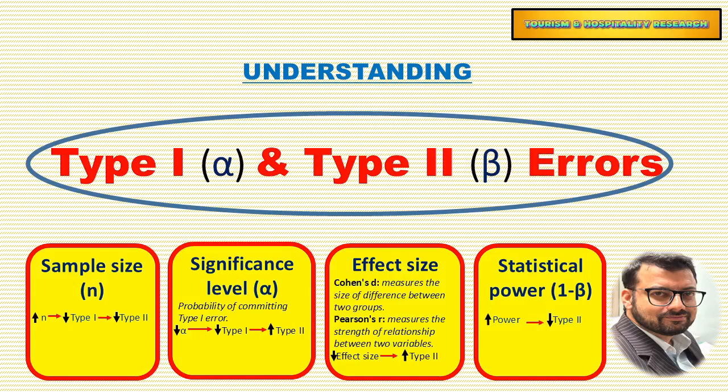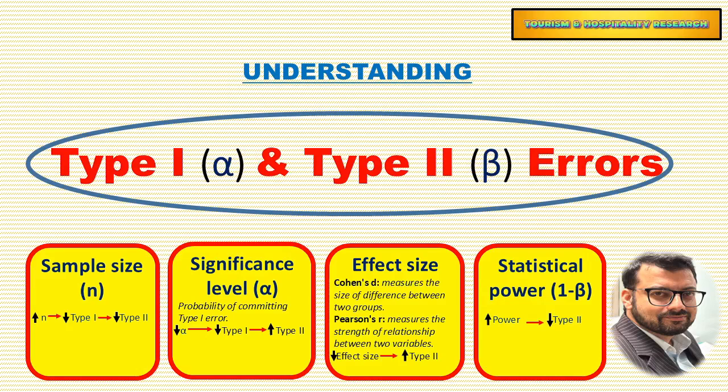So we denote alpha as 0.05. How did we get this 0.05? So if we are 95% confident and 5% is the uncertainty, 5 divided by 100 gives you 0.05. It is as simple as that. And this is the significance level.